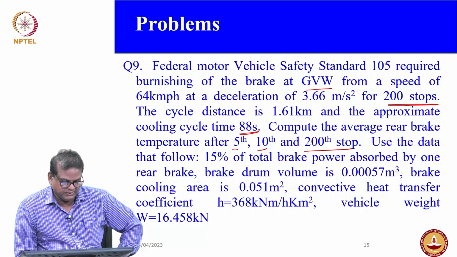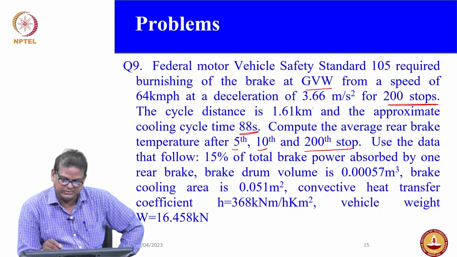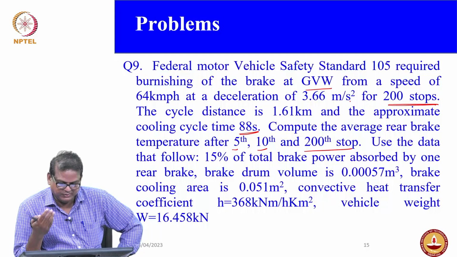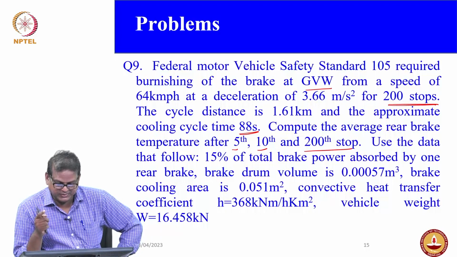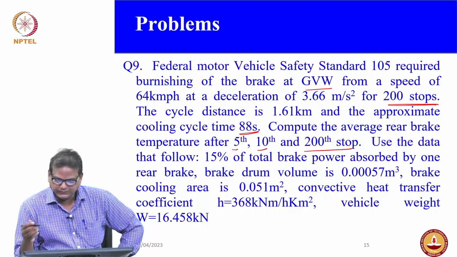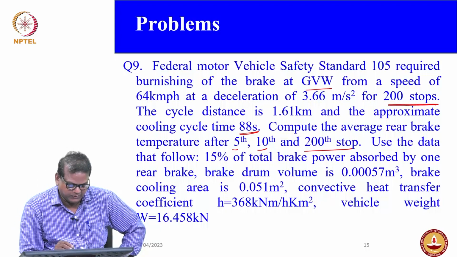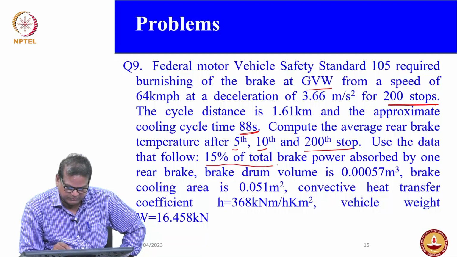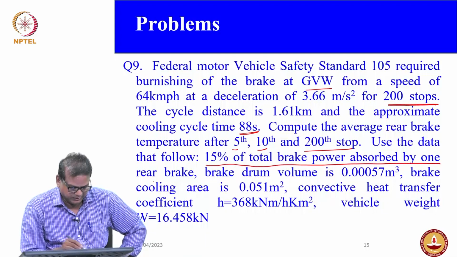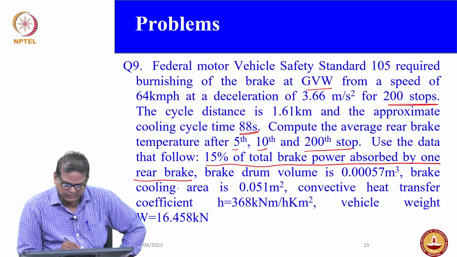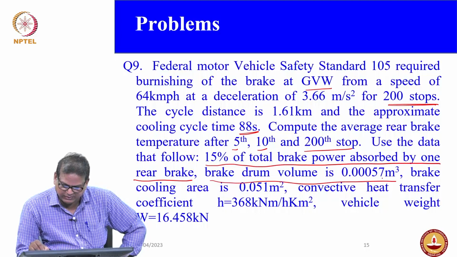So, the vehicle is moving on a plain road with the deceleration rate clearly given, and you need to identify the temperature for the 5th, 10th and 200th stop. Use the following information: 15% of total brake power is absorbed by one rear brake. The brake drum volume is given.